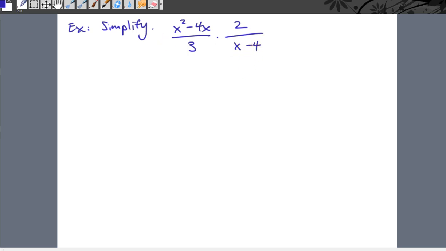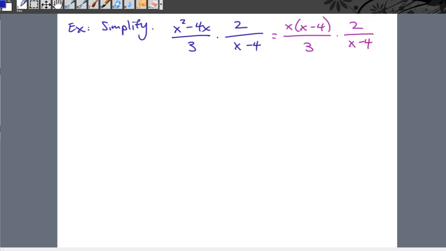Okay, so what I see here is, if you look, we have some terms that have something in common. There's an x in common with both of them. So we can pull out an x. So this is x times (x minus 4) divided by 3 times 2 divided by (x minus 4).